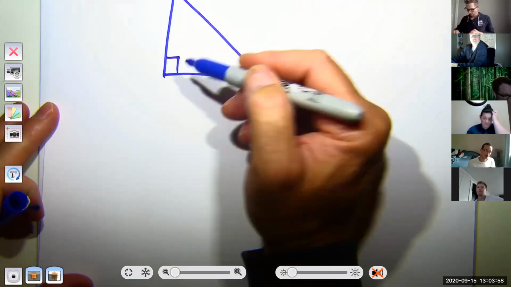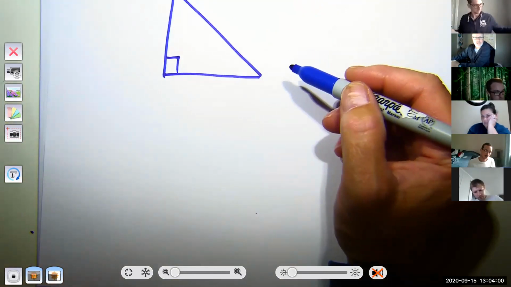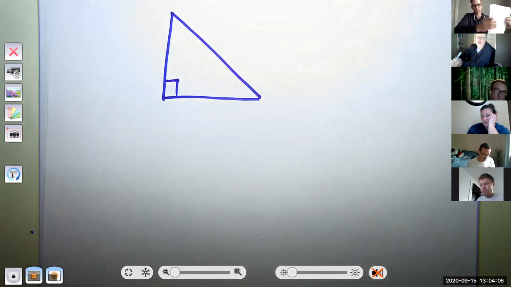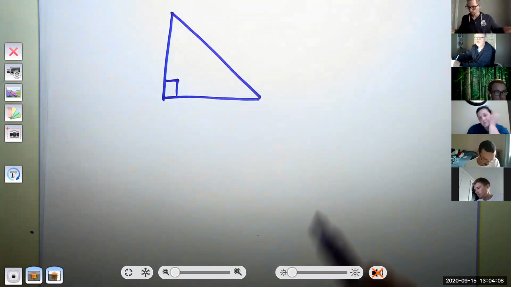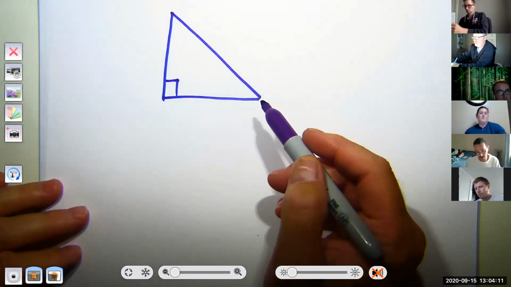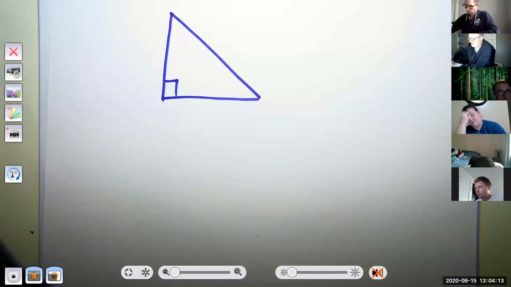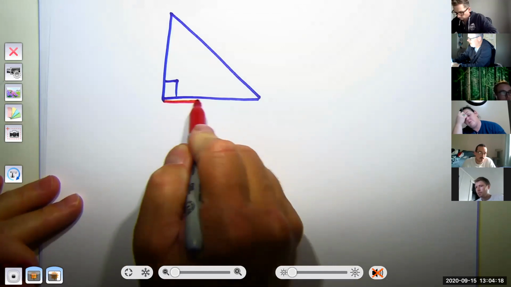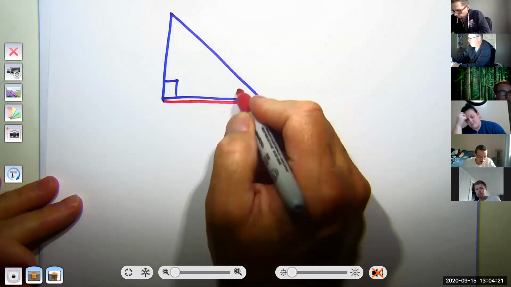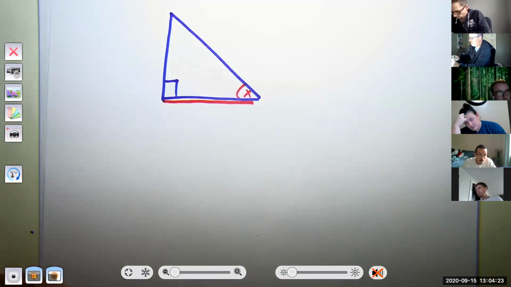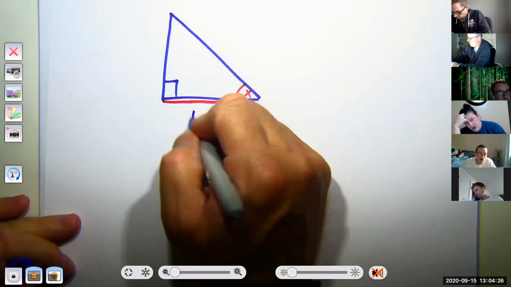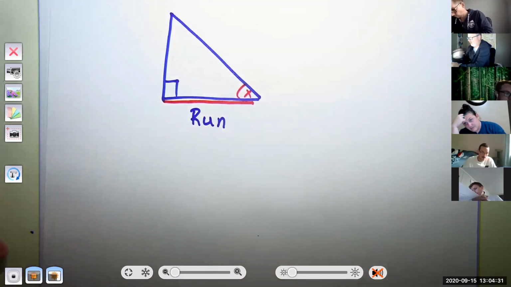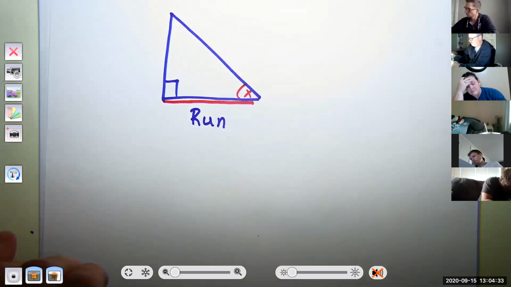In our pipe trades, we have different names for these lines on a triangle. You also need to know this terminology. So let me redraw that. This line right here, if I'm talking about this angle, is called the run. In the pipe trades industry, we call that the run on the triangle.